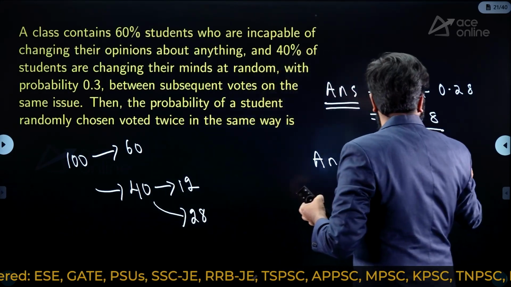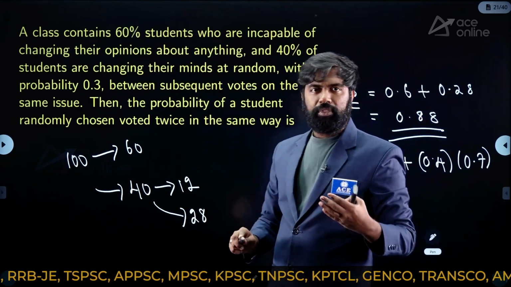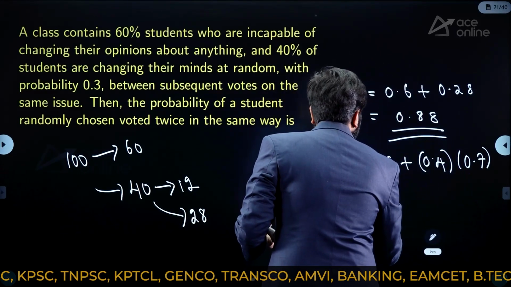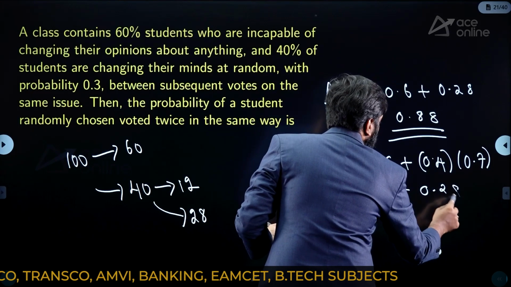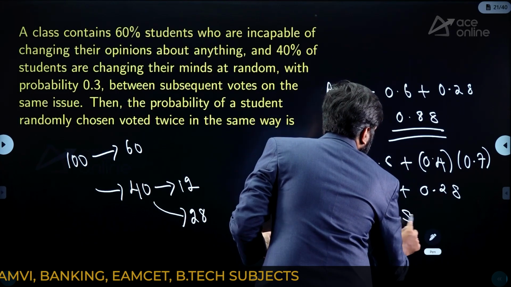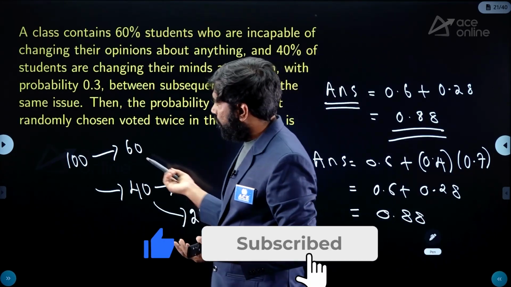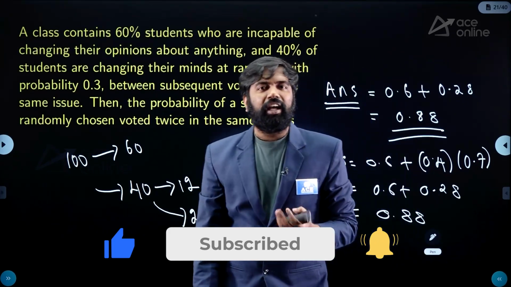So if they have voted now for X, then tomorrow also they'll vote for X. That probability is 0.7. If you simplify again, you get the same answer, 0.6 plus 0.28, which is 0.88. So finally, the probability of a student randomly chosen voted twice in the same way is 0.88, the answer for this question.